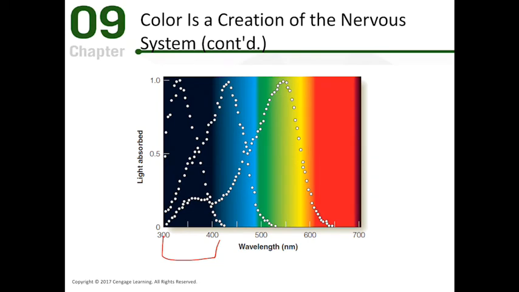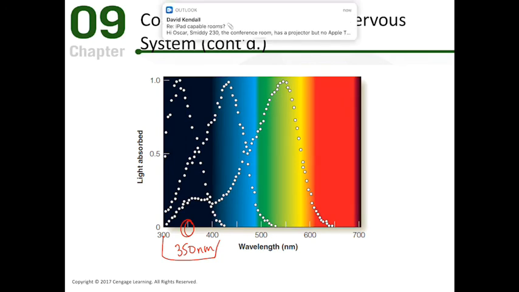What is this wavelength that they're able to see that we can't see? When we see, for example, 350 nanometers, what does the bee see? What does the bee perceive at this point?